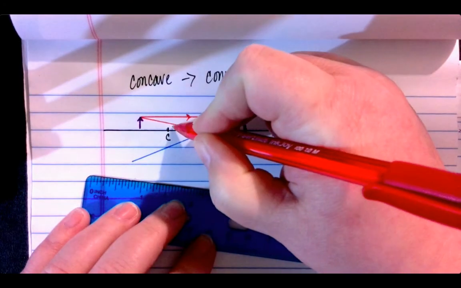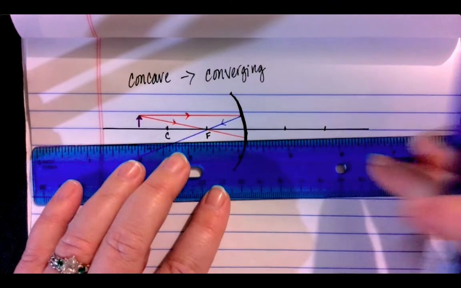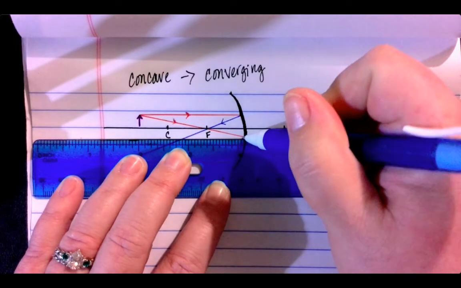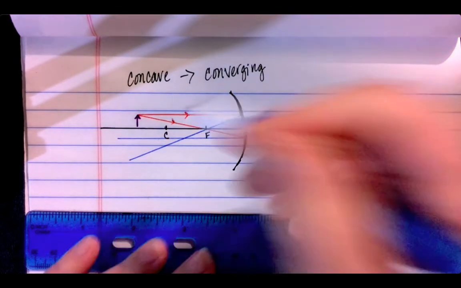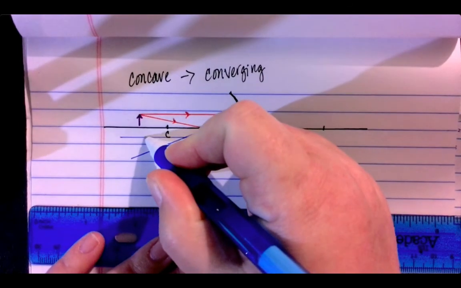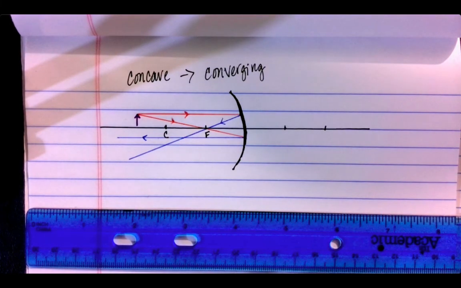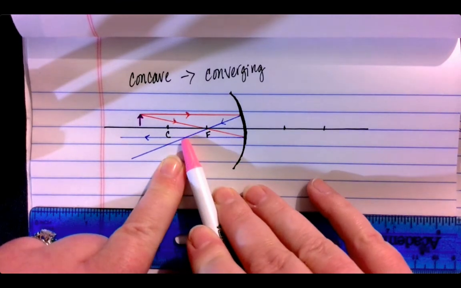And if it goes in diagonally, it's going to bounce out horizontally because of the law of reflection, like that. And if you notice, there's a point right here where our reflected rays meet.